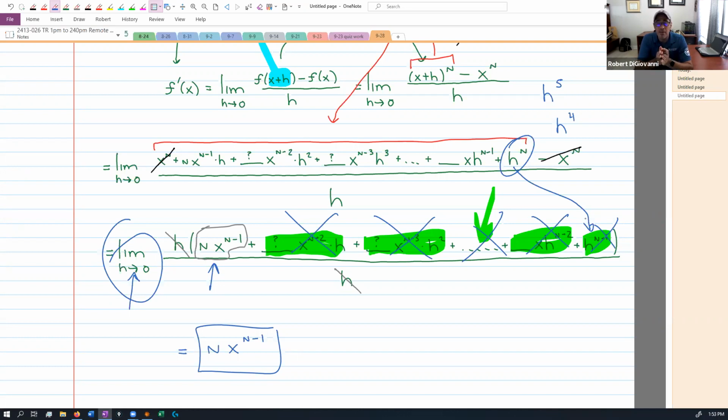Some of the others are much more difficult to prove and would take a lot more time. So I have to make a decision. How much of this do I want to prove? This is going to be the only one I prove. If you want to see any of the others proved, I encourage you to come to my office hours and I can do a proof there, outside of class time. Because it just eats up too much time.